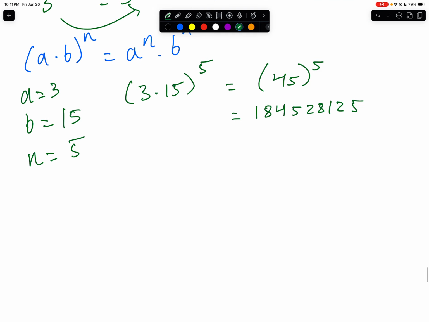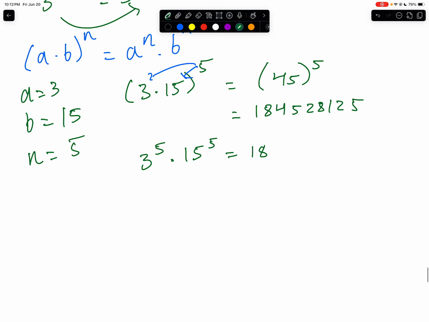Again, bad numbers. But if we did 3 to the 5th times 15 to the 5th, right? We just kind of distributed this here. We would also get this value, 184528125.